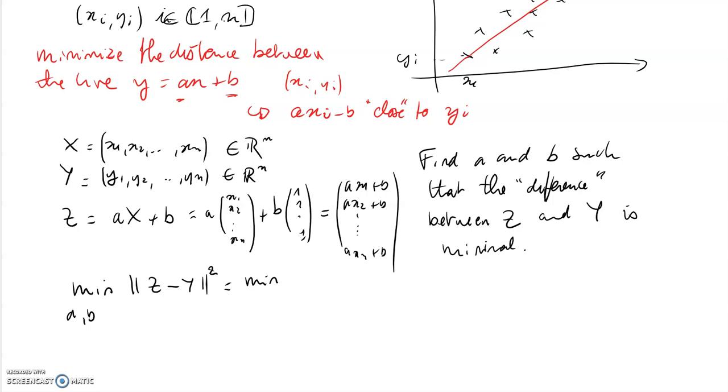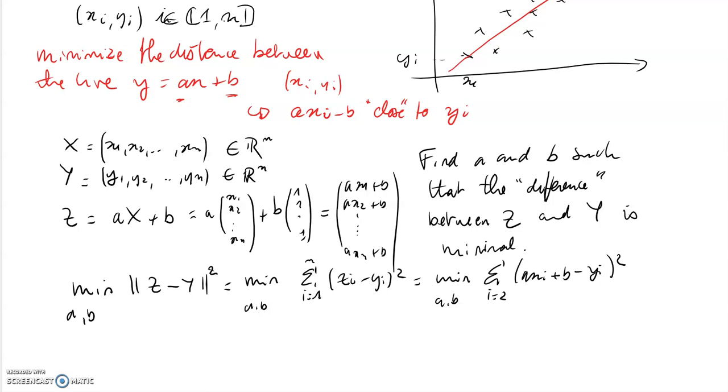If you expand that norm, we want to minimize the sum of (zi minus yi) squared, from 1 to n. We want to minimize over all a and b the sum of (axi plus b minus yi) squared. And hence the name least squares. We want to find a and b that make those squares as small as possible.